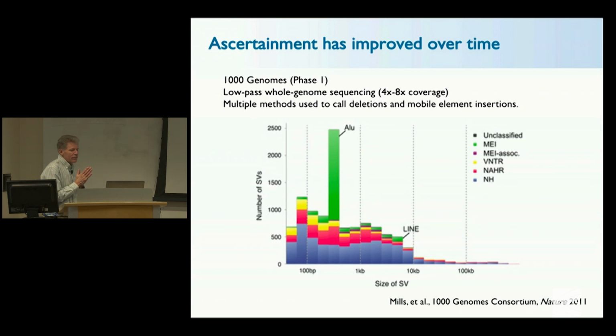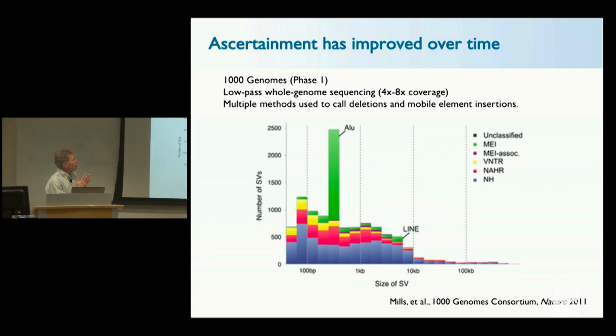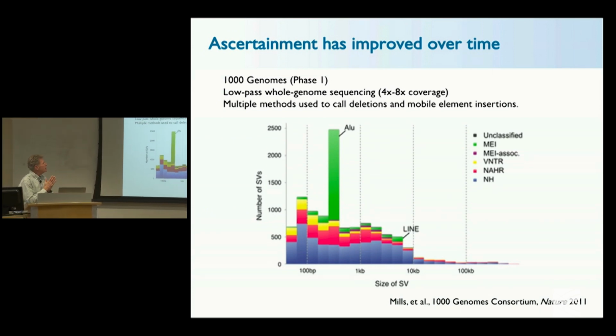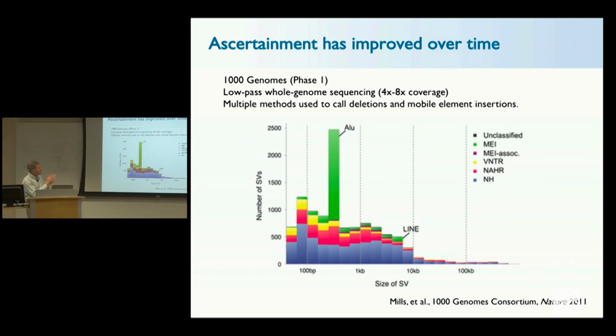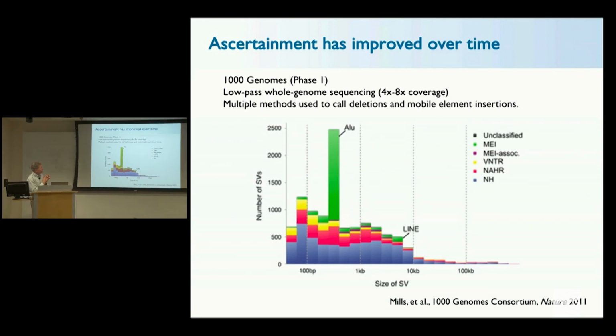Our ascertainment has definitely improved over time. This is an example of ascertainment from a few years ago in the 1,000 Genomes project, where we had low-pass whole genome sequencing data, so short reads at low coverage. Multiple methods were used in 1,000 Genomes to try to ascertain structural variation, and this is kind of the picture we had.